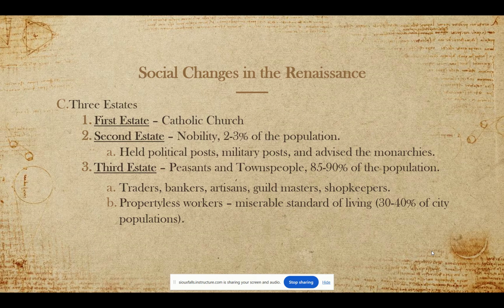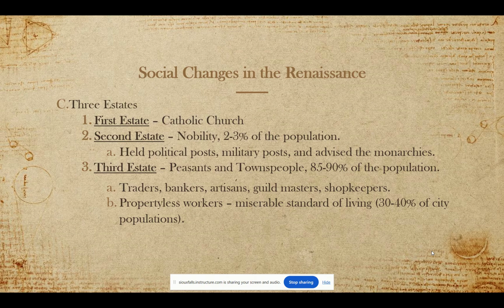they belonged to the third estate. And 85 to 90% of people found themselves in this class. They were the laborers, from the wealthier of the working class all the way down to the poorest of the poor, and they were responsible for paying all of the taxes. It was not allowed in many of these countries for people to marry outside of their estate, right?